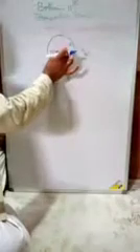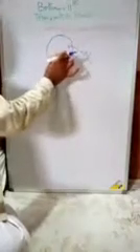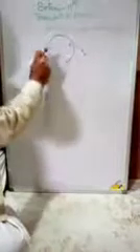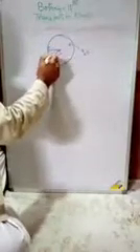The excess water that goes inside this cell, those water molecules exert pressure on the walls of this cell. For example, this is the water molecule. This water molecule exerts pressure on the walls of this cell. So this is called the turgid pressure.